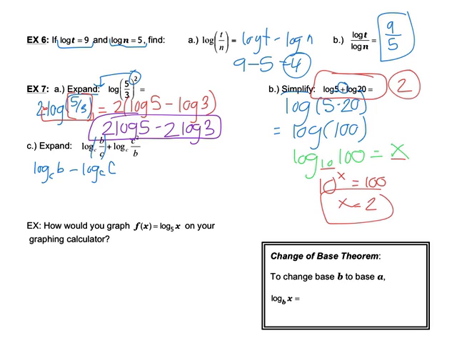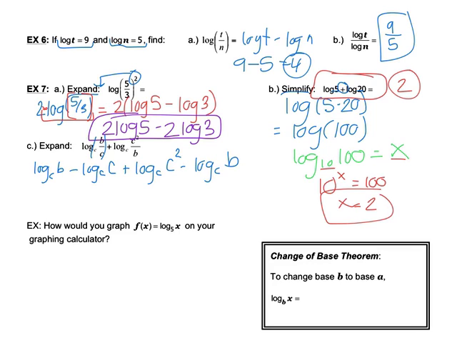And then we've got this next piece here, which is plus, and we've got another fraction here, so we can write that as log base c of c squared minus log base c of b.